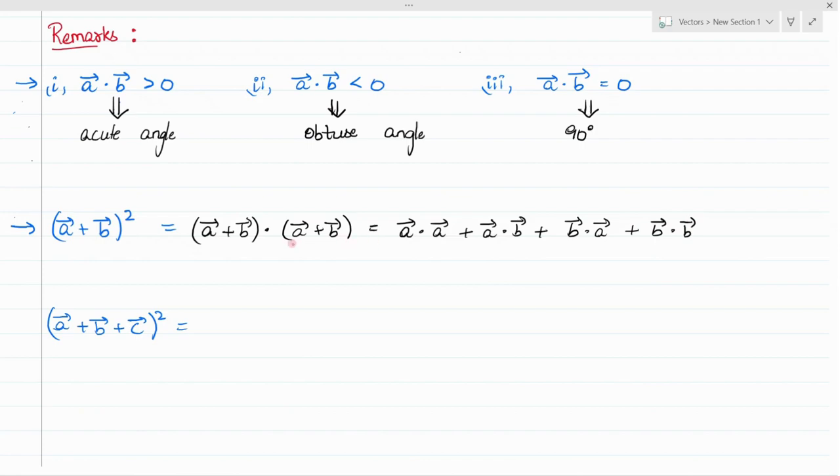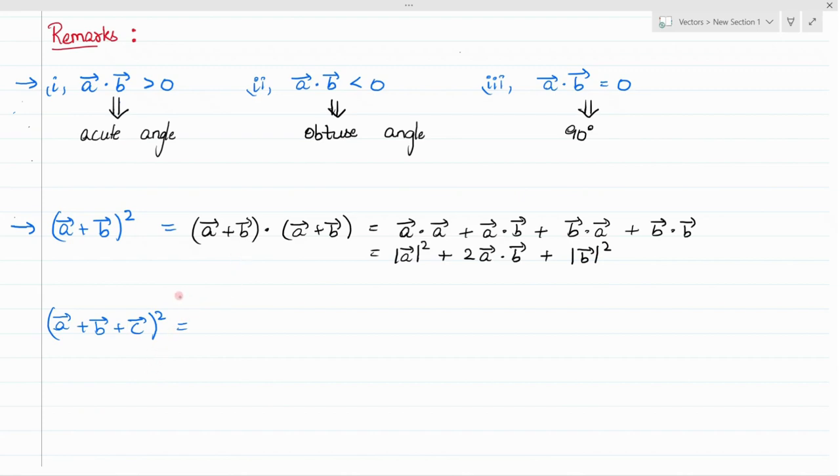I already told you a dot a is nothing but magnitude of a square, and here a dot b and b dot a are commutative, so we can write it as 2 times a dot b plus magnitude of b square. So this is the formula you can remember for (a plus b) whole square in vectors.